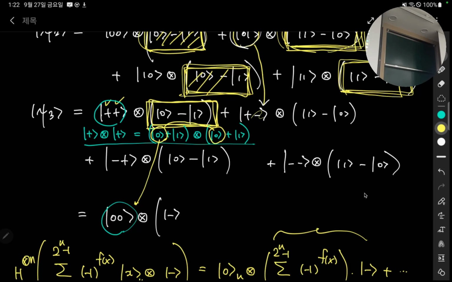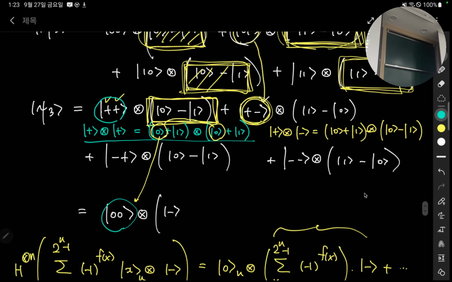How about here? I also want the 0, 0 only. So this one is plus tensor minus, which is 0 plus 1 tensor 0 minus 1. So I'm only looking at this one. And in order to get 0, 0, I need to take these two tensor product. Okay, that's how I get this part.